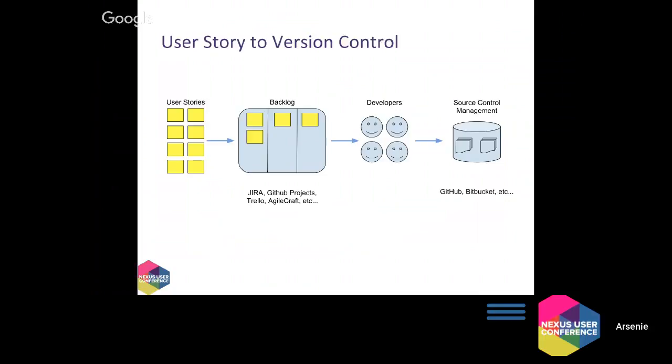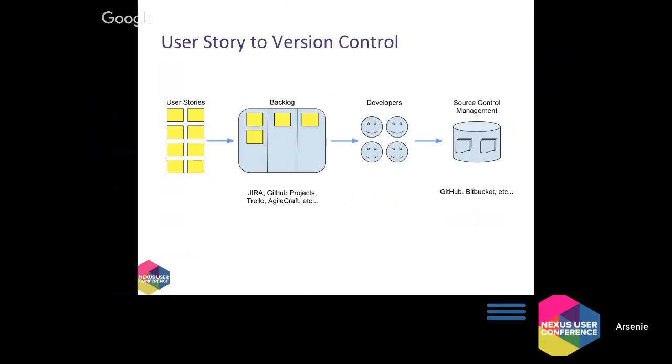You usually have some kind of tool that lets you manage that complexity, be it Jira, GitHub Projects, Trello, AgileCraft, whichever one you use, and it can be used as a trigger for your CI/CD pipeline.